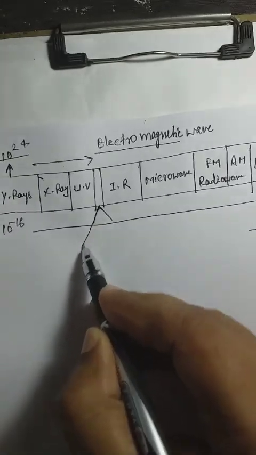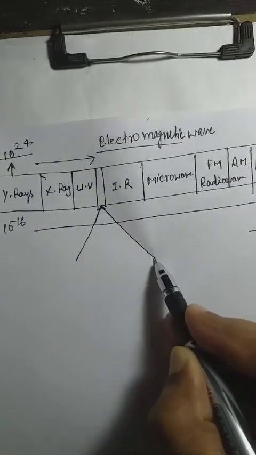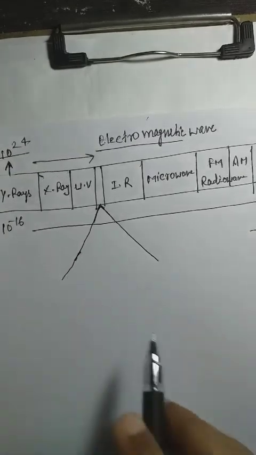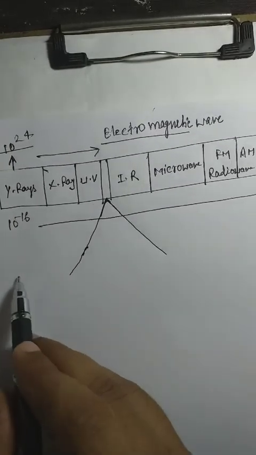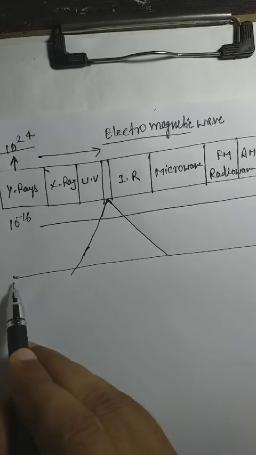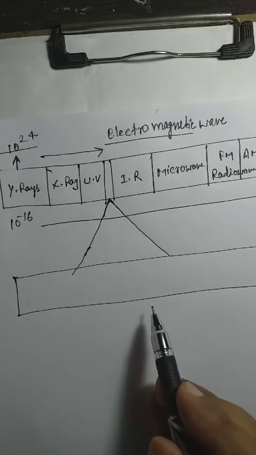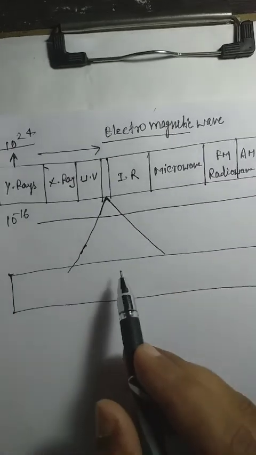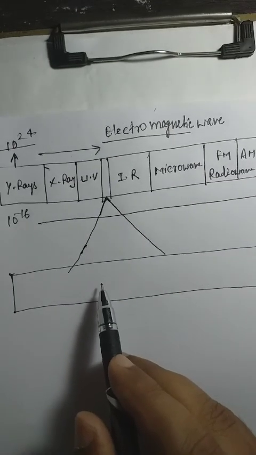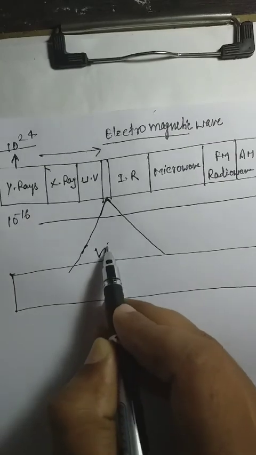One special band for us, which we observe as color by our eye, is called the visible spectrum. This spectrum lies between ultraviolet rays and the infrared region. Whatever electromagnetic spectrum is in between is called the visible spectrum.